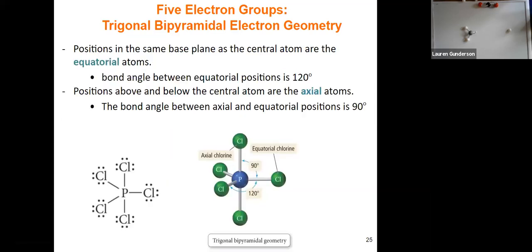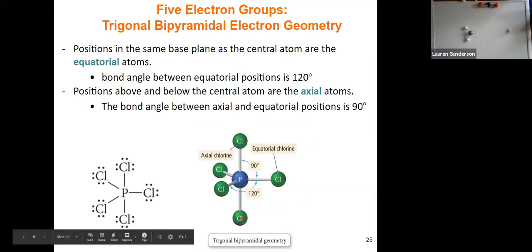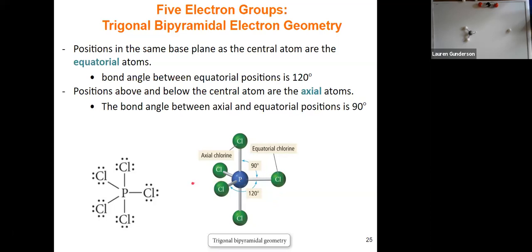Okay, so in a perfect electron geometry, you have 2 sets of angles here. You have what are called the equatorial molecules. So those are like the equator, right? So they're going to cut through the middle here. And all of the equatorial molecules are going to be 120 degrees from one another, right?